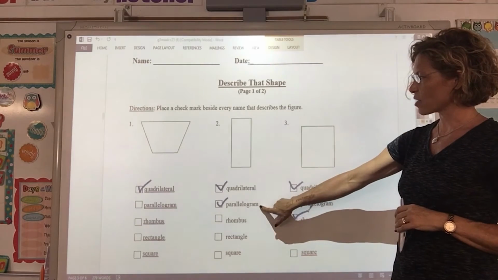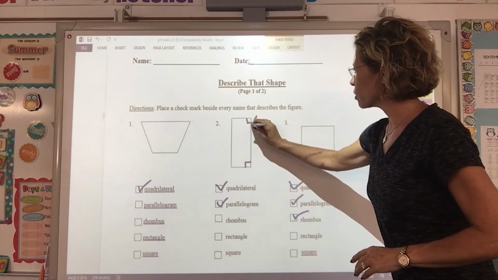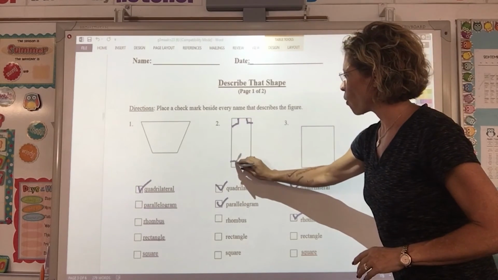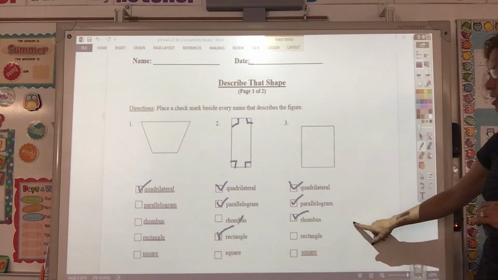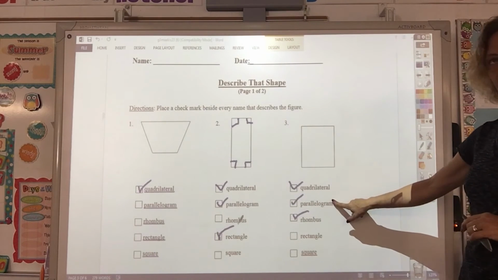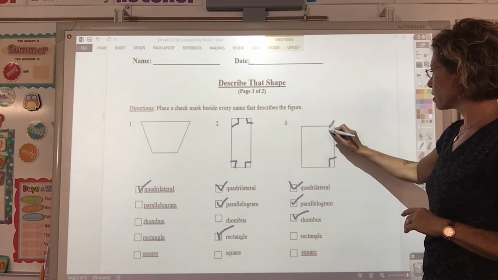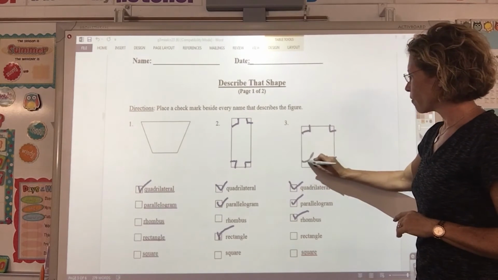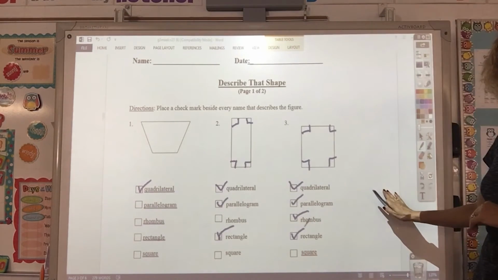It is a parallelogram, and it does have 1, 2, 3, 4 right angles. So it is a rectangle. Now we move on to the square. Is it a parallelogram? Yes. Does it have four right angles? 1, 2, 3, 4. So yes, a square is a rectangle.